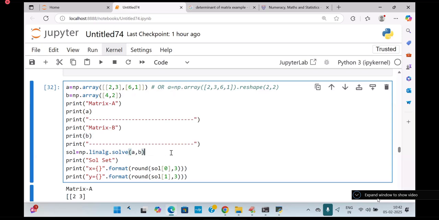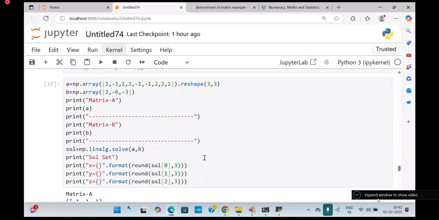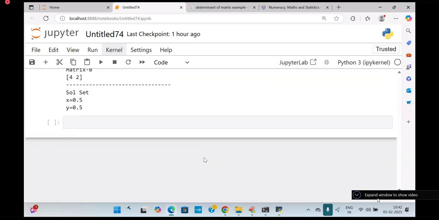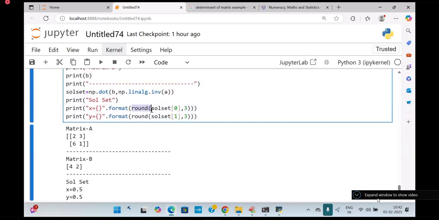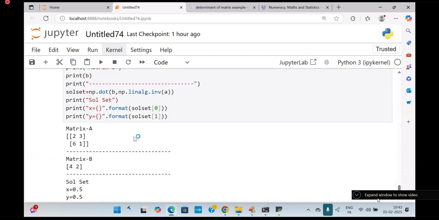Solve of AX equals B, which is having matrix multiplication applied. You just print the solution set without rounding, print it once and we'll see the result. Close it, try to run this. 0.5 is coming.